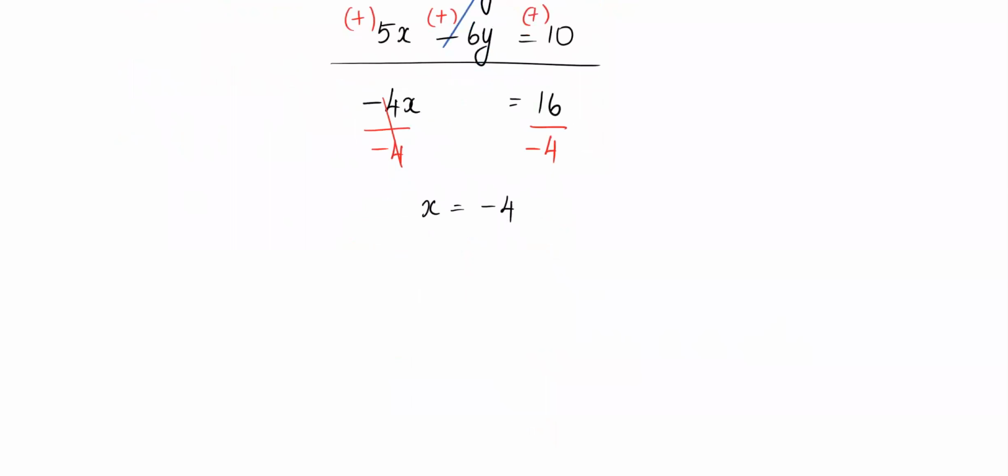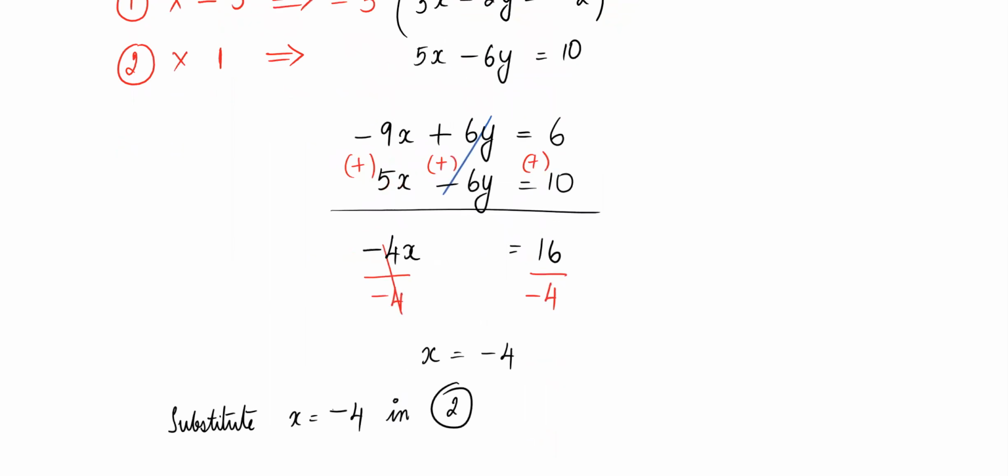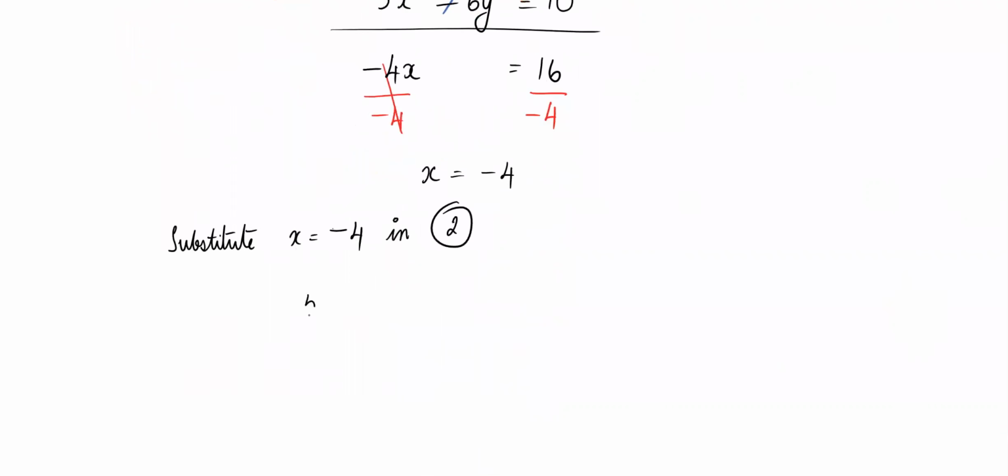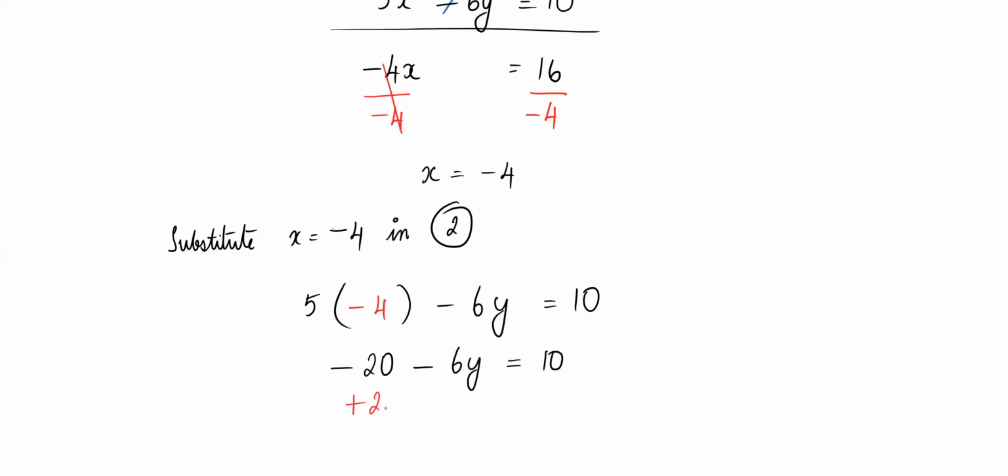Okay, so we'll say substitute x equals negative 4 in equation 2. Okay, you might very well plug it in equation 1. 5x minus 6y equals 10. Plug in negative 4 in the place of x. Negative 20 minus 6y equals 10. Add 20 on both sides.